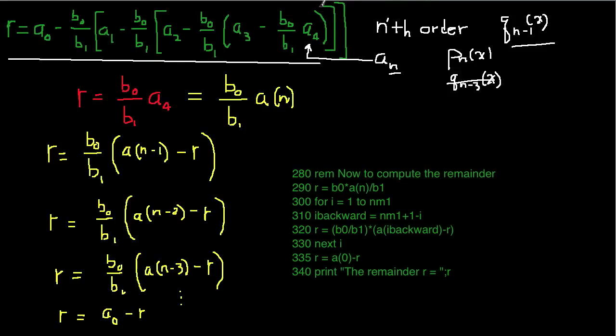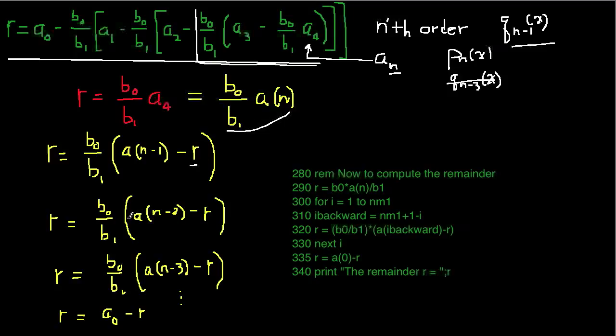Then my second r is going to be this calculation of this term right in here, b sub 0 divided by b1 times a sub n minus 1, because 3 is one integer lower than 4, and then minus my previous estimate for r, which was this term right here. So I have minus r.